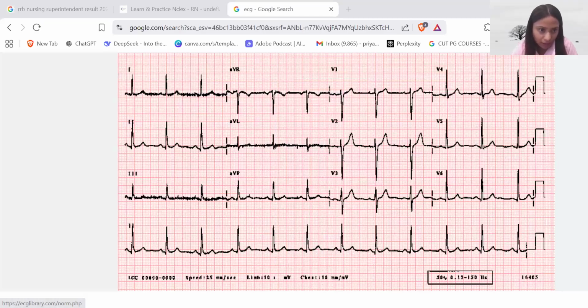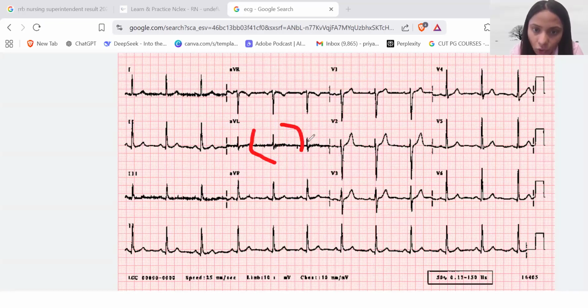Where is my pen? I'll show you. I'm just drawing it over here so you can clearly see. Whenever we put a patient on leads, okay, this is the heart, and I think everyone has done an ECG.